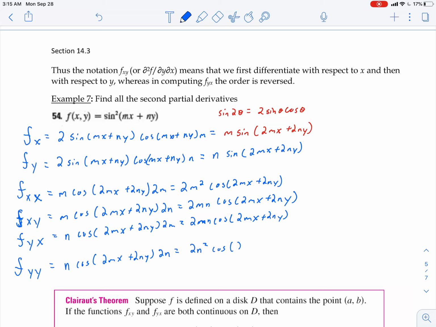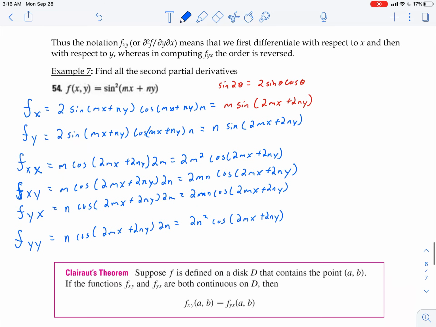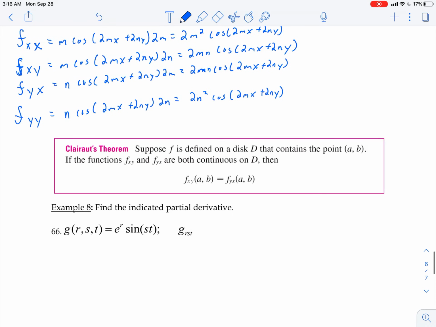So we're going to have 2n squared cosine of 2mx plus 2ny. And there are all of our second partial derivatives.